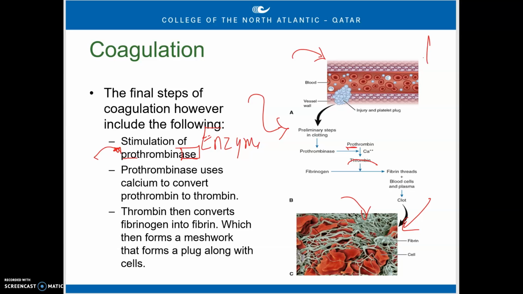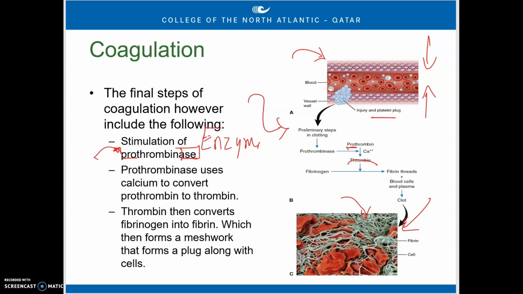So if we go back up to the top here, we've got our blood vessel right here. First we'll have the vasoconstriction. The blood vessel will get smaller. Then the platelets will find the damaged part, and they'll start to stick to it and form this platelet plug. And then we'll start going through this process of physiology, where we start off with prothrombinase, and prothrombinase will turn into prothrombin.